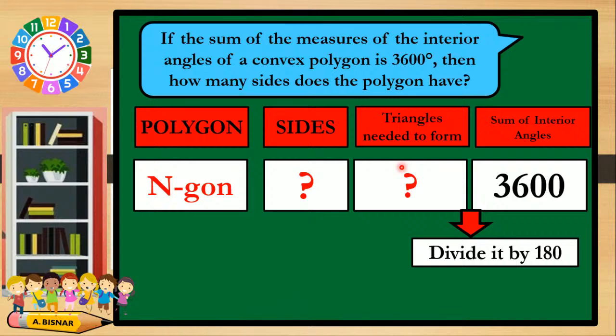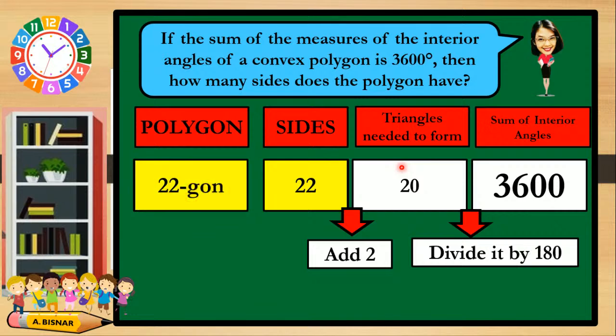What's the answer? So the answer will be 20. And then you will add 2. So yung pabaliktad naman yung gagawin mo. After you divide, you will add 2. So how many sides? 22. Ayan.